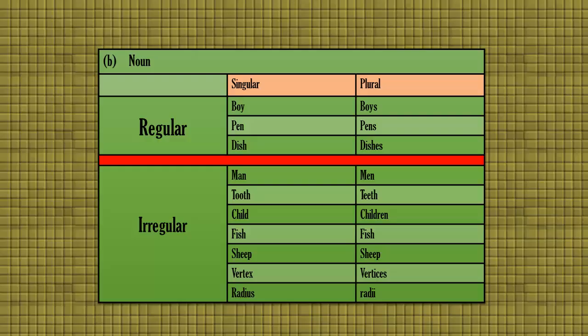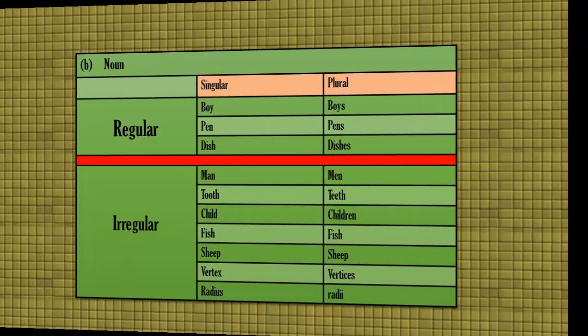And the inflection in these nouns, if a regular noun, is termed regular inflection, and if an irregular noun, then the inflection is termed irregular inflection.